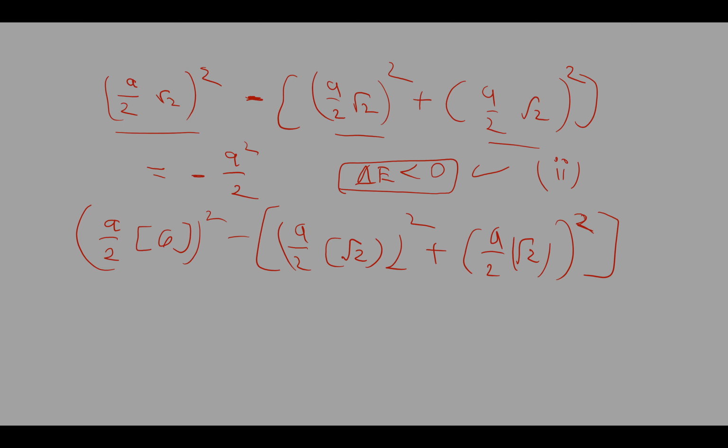Now the value, while calculating, will come around positive, something like this. This will be a by 2, a by 4, 36, a by 4, 2 and 2 is 4.